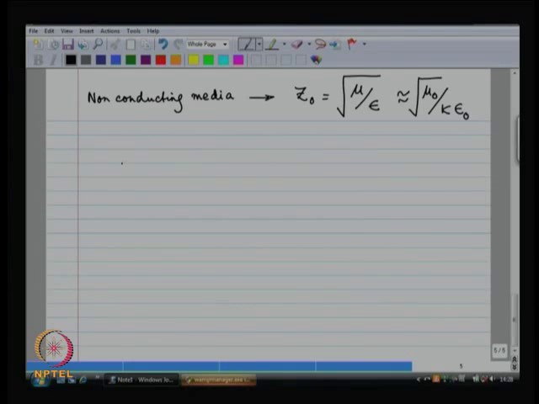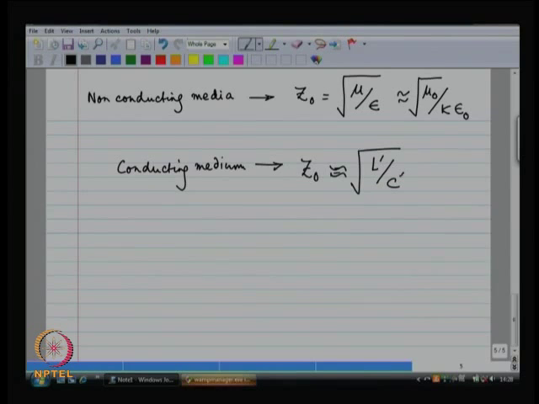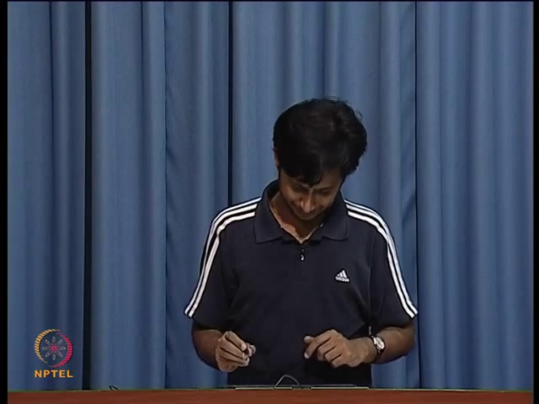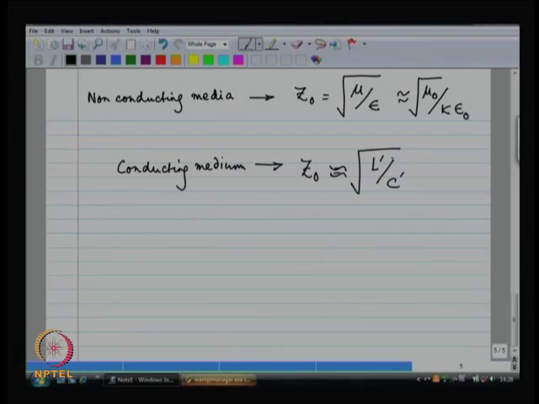If it is a conducting medium, it is something like this, where L prime is the inductance per unit length, C prime is the capacitance per unit length of the wire.